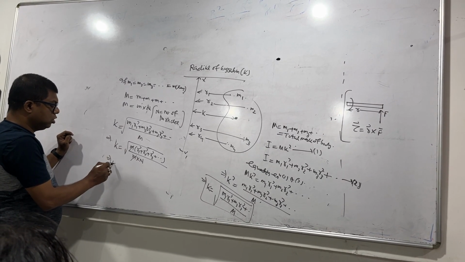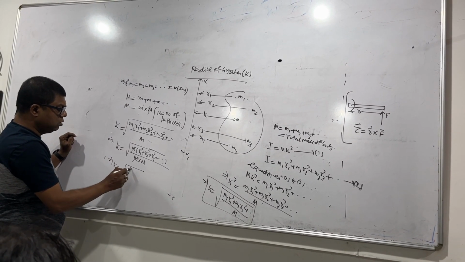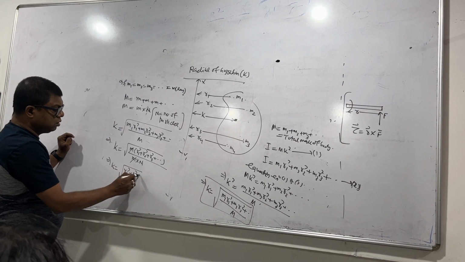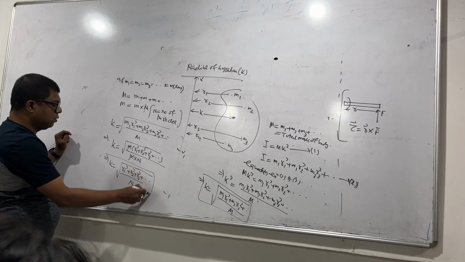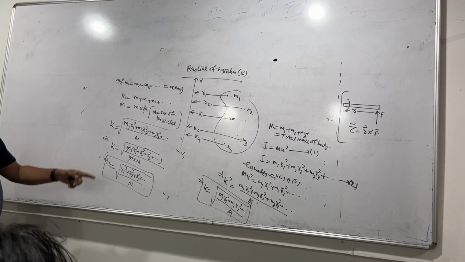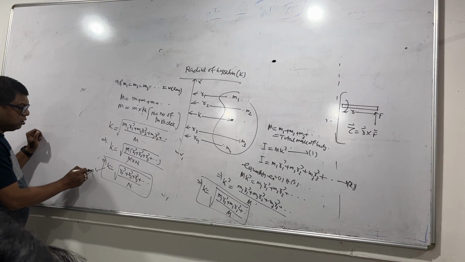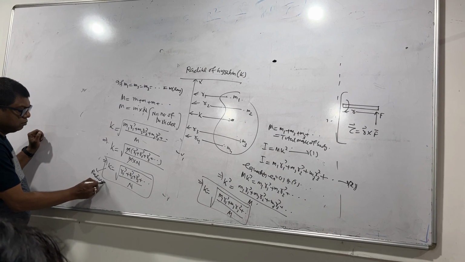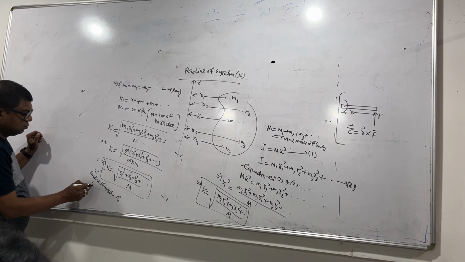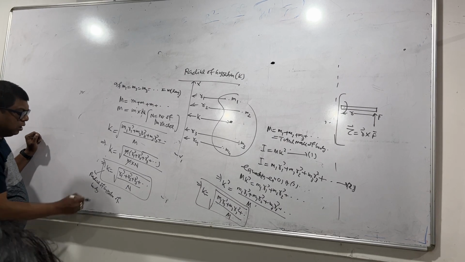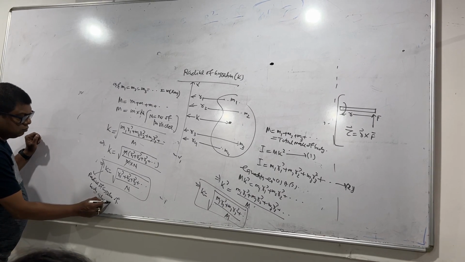Cancel. So k is equal to the root of (r1 squared plus r2 squared plus r3 squared) divided by n, where n is the number of particles. So k is the radius of gyration about the axis of rotation.